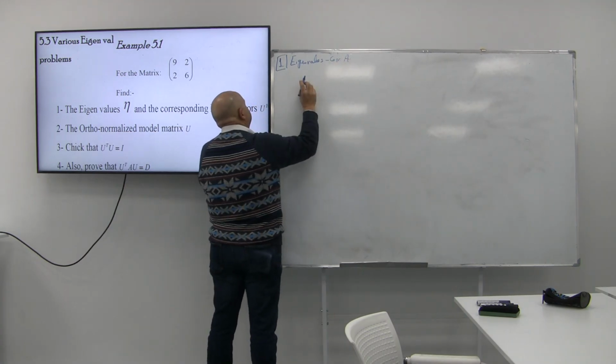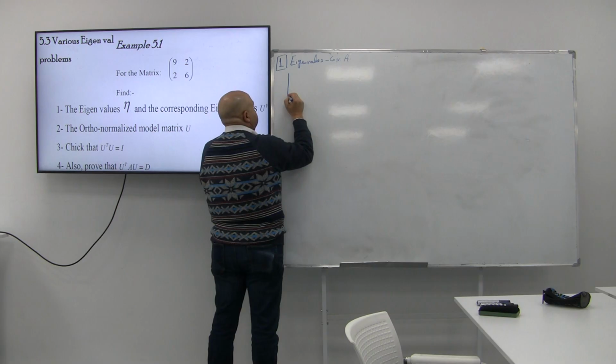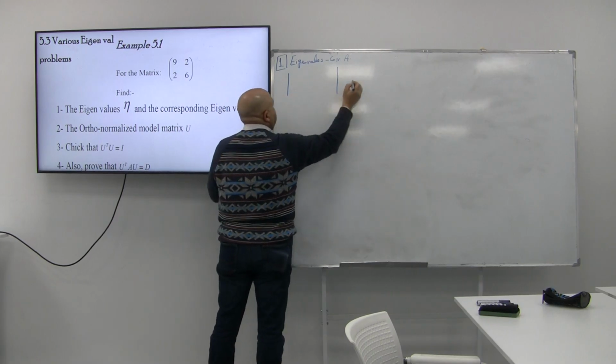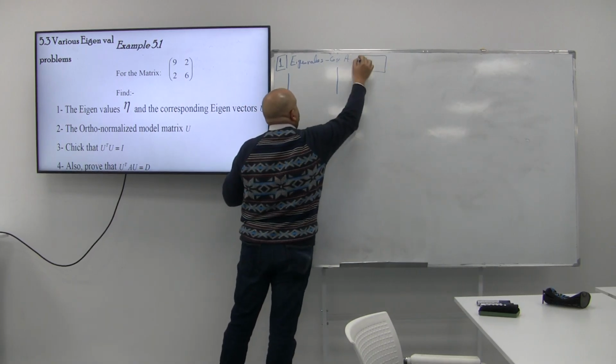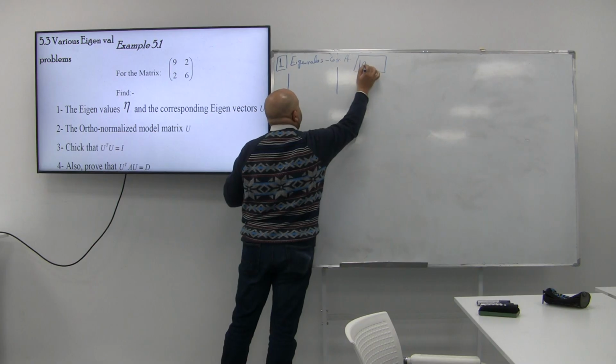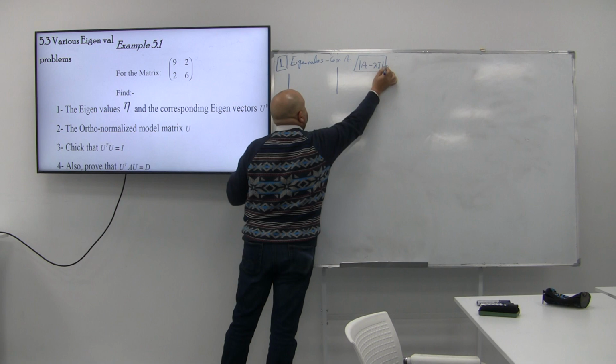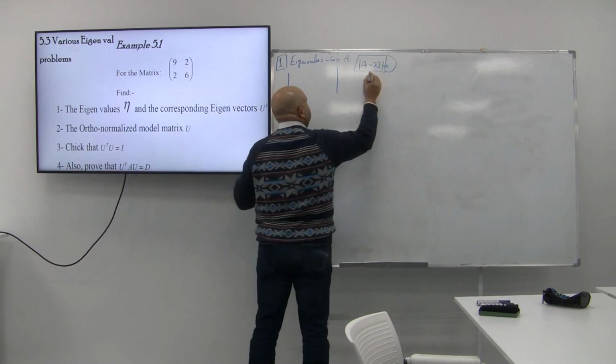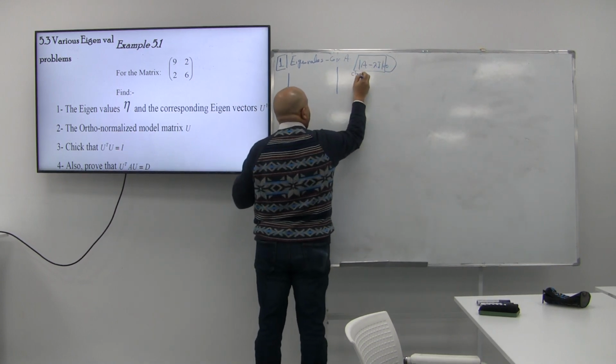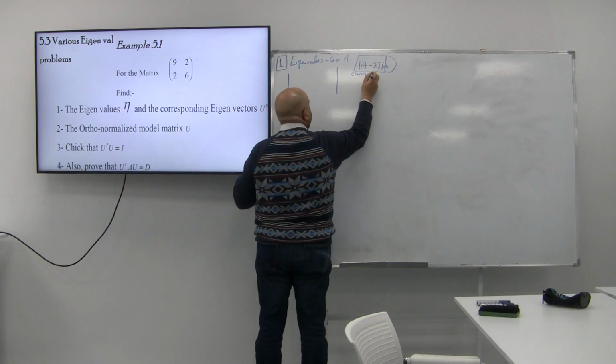The first step is to get the determinant of the system that I told you about, which is simply the determinant of A minus lambda I equal to 0. And this is what is called a characteristic equation.